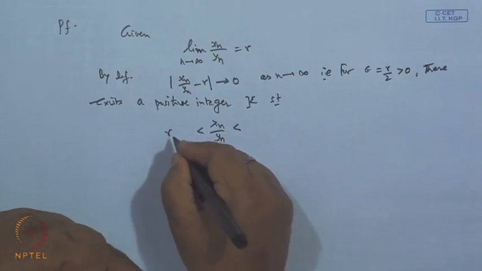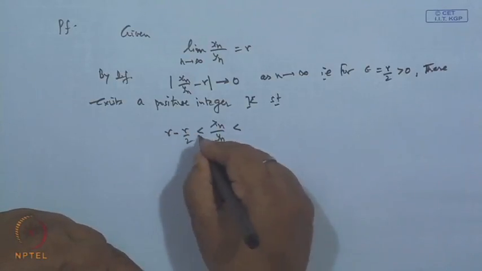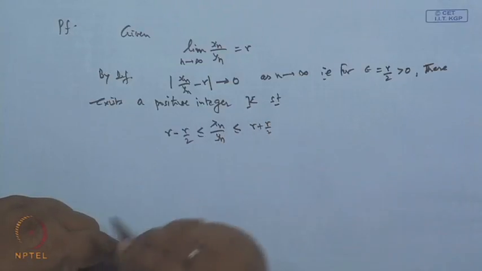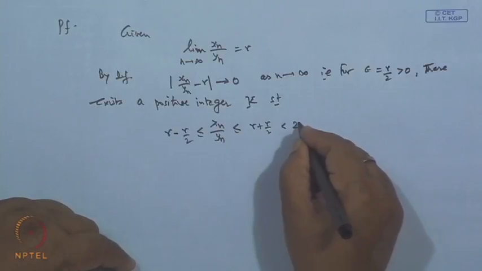Here r minus epsilon means r by 2, and here r plus epsilon is 3r by 2, which is obviously less than 2r.